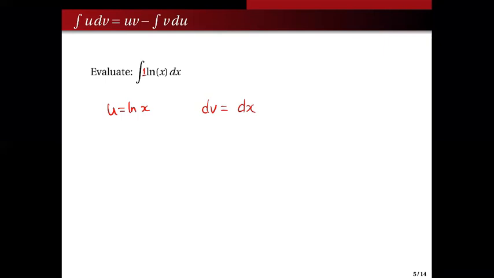So you have here u equals ln of x, dv equals dx. We need du. So we'll just have the derivative of u, which is just the derivative of ln of x.